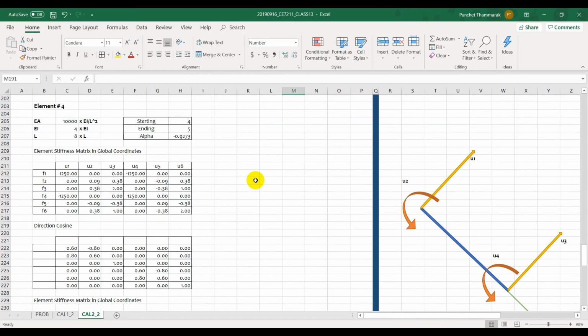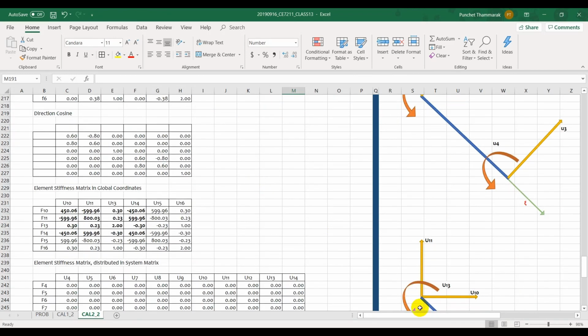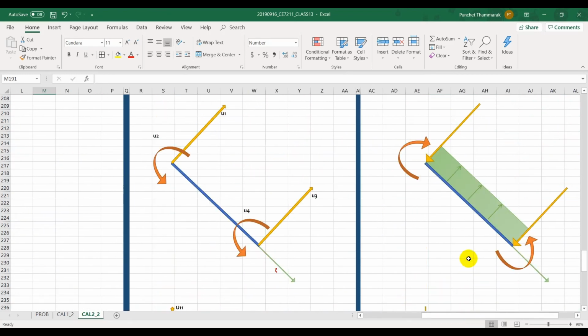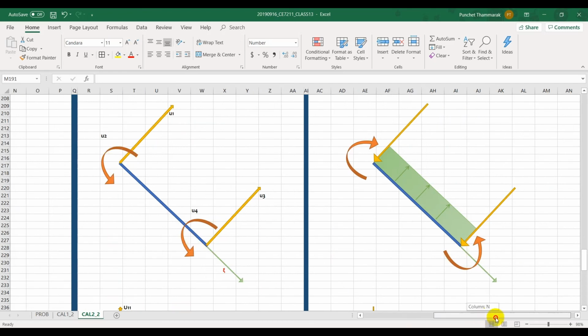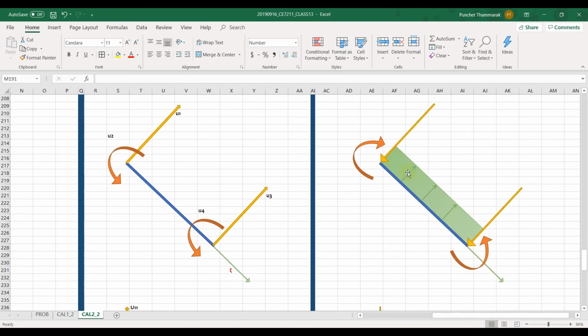Element number 4. We have this setup of local degrees of freedom. This is your distributed force. This is the corresponding reactions.